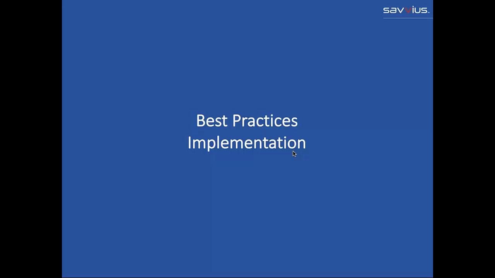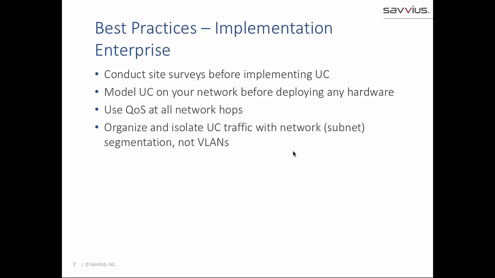So what are some of the best practices? So as I said earlier, first, we want to approach the best practices from an implementation standpoint, from getting unified communications set up. What should we consider when we're setting up unified communications? And I've broken this down into three areas. The first is just enterprise, just general.